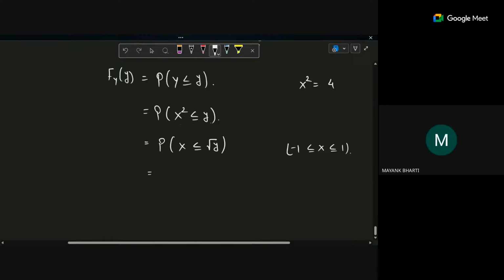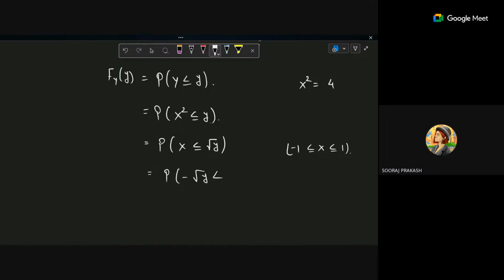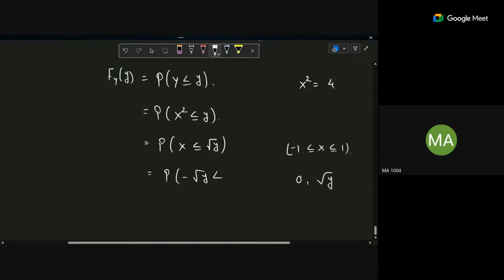That's plus or minus 2. So may I write it as minus square root y? Ma'am, here we can take the minimum value for x as 0, so it is from 0 to root y. Okay, fine. No problem. You can integrate like that.